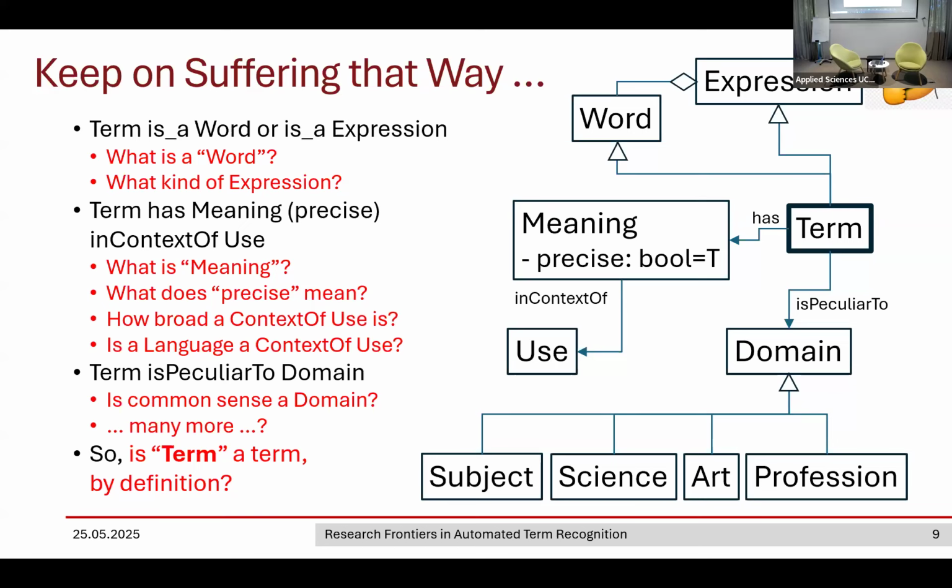So let's return back and make one more iteration. Is an expression term a term by definition? Now it's a little bit more precise, but well, as for me, it is not yet clear in that.